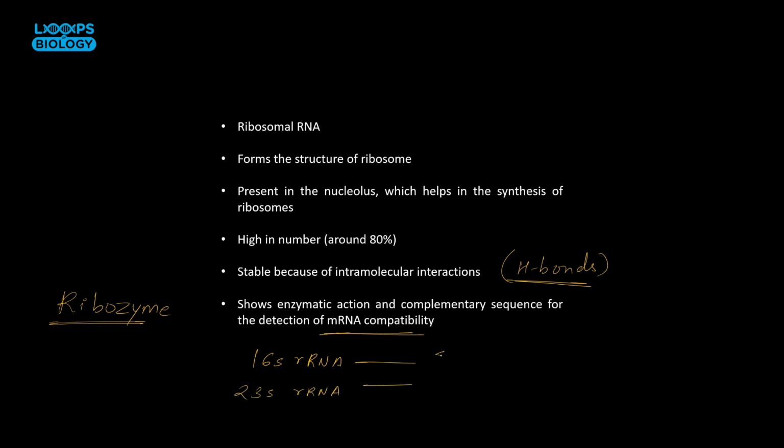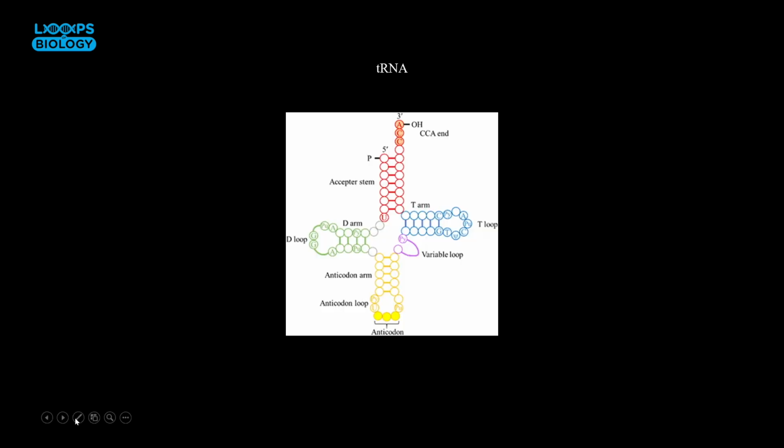For 16S, this is called the Shine-Dalgarno sequence. This is seen in prokaryotes, and there is the Kozak sequence, which is seen in eukaryotes. Alright guys, this is all about rRNA.